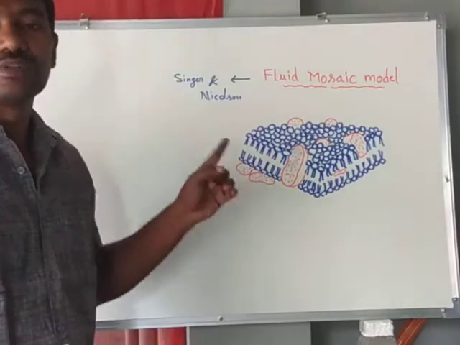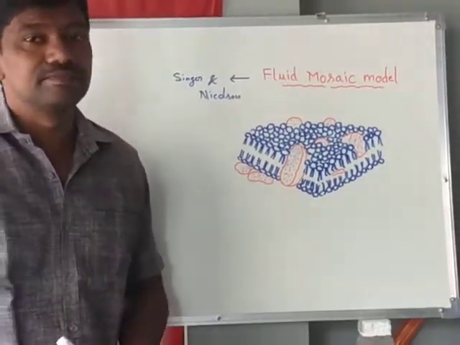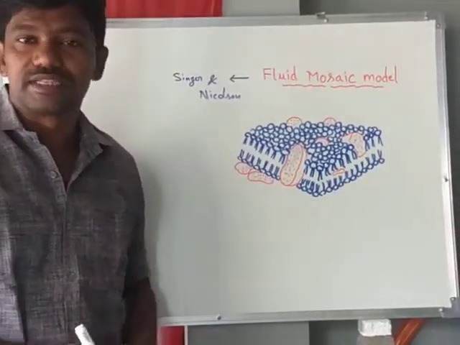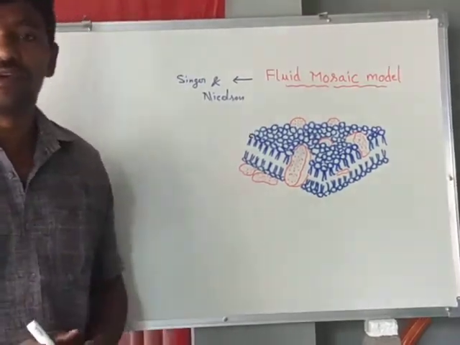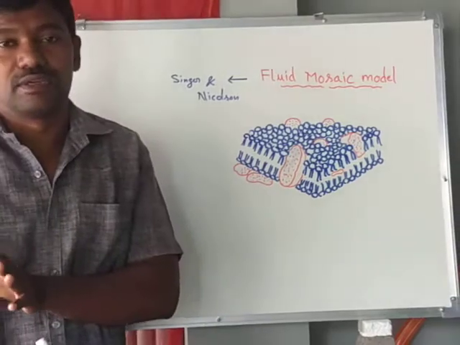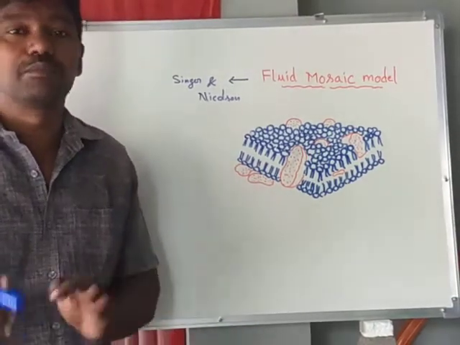According to this theory, all biological membranes are semi-fluid in nature. Lipids and proteins are arranged in a mosaic model.